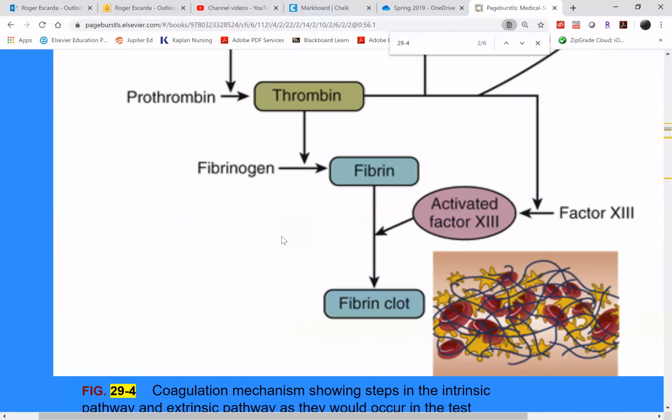If you notice on the blueprint, the topic said recognizing lab findings for each one. Because again, you're the nurse assessing the patient, so you'll see these patients' labs. When you pull up the labs, what do you expect to see in these patients?